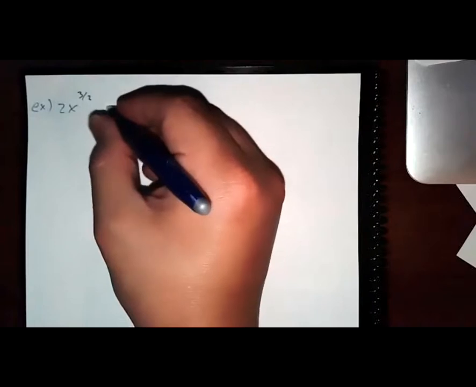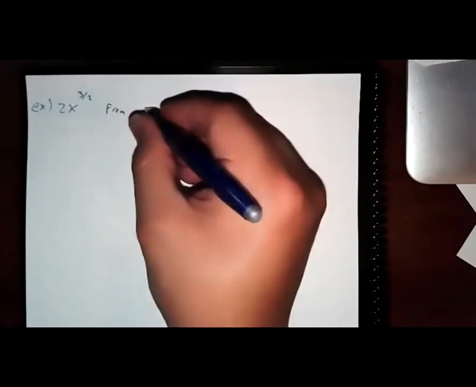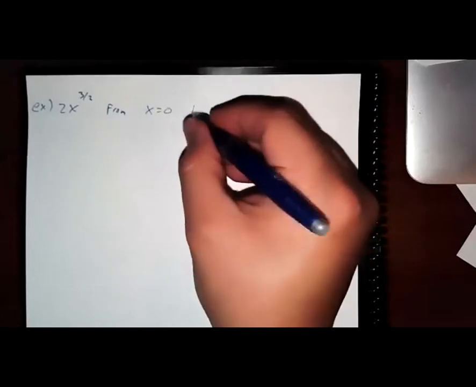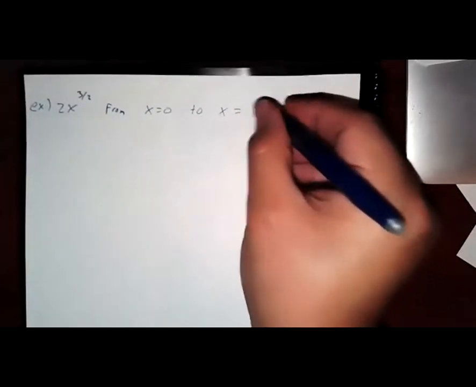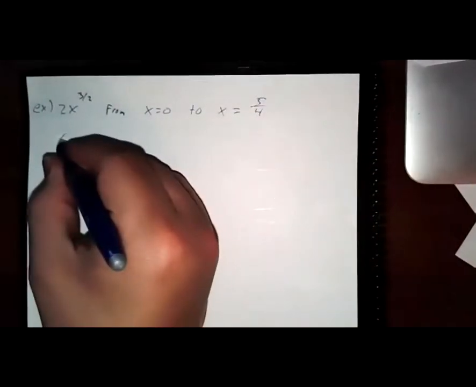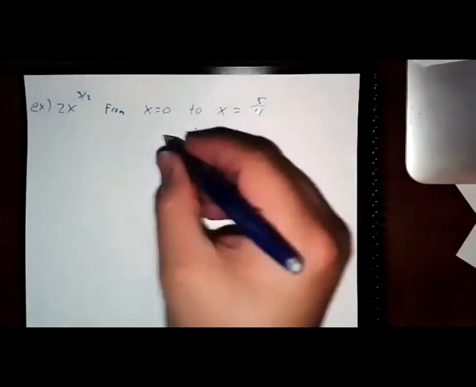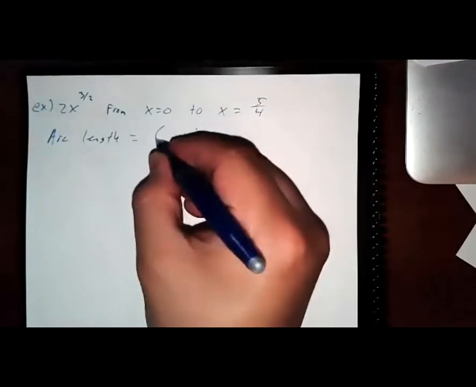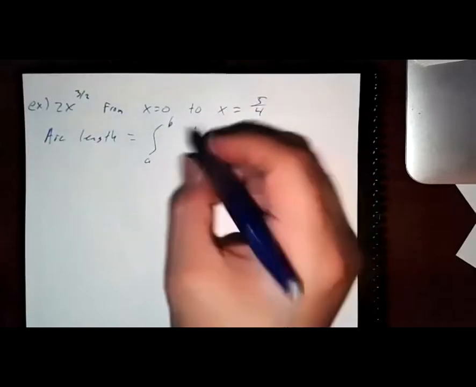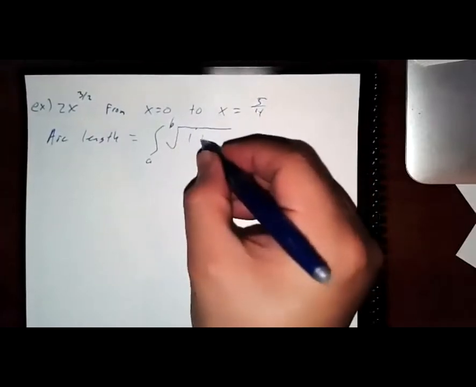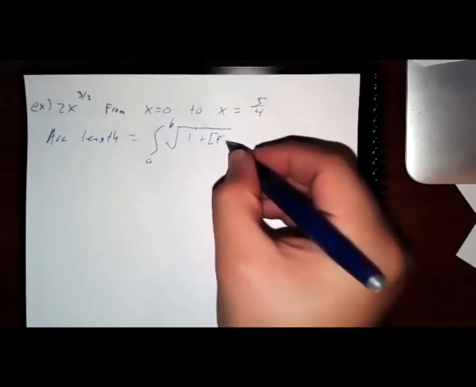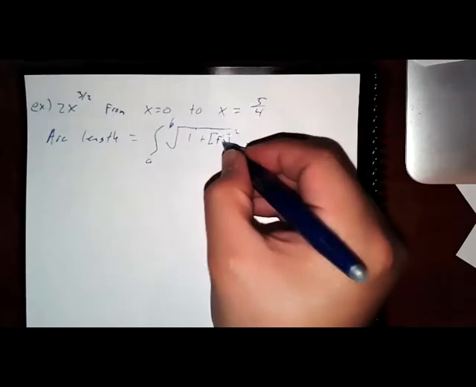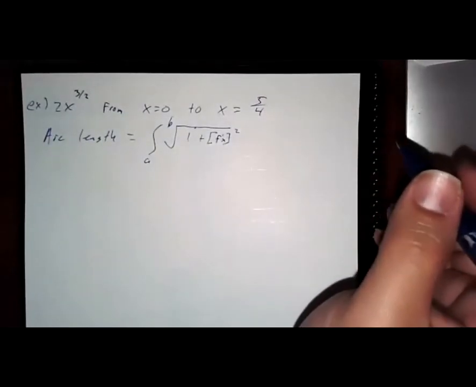2x to the 3 halves from x equals 0 to x equals 5/4. So we need to find the derivative, right? The formula for arc length is equal to the integral from a to b of the square root of 1 plus the derivative squared, dx.